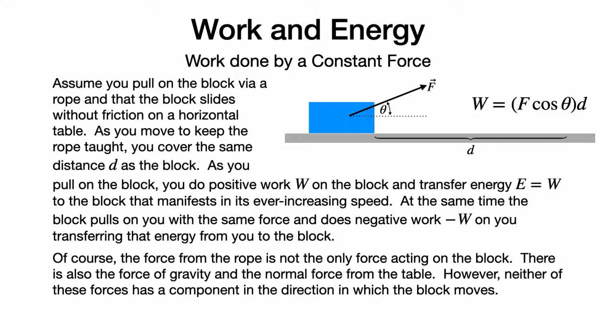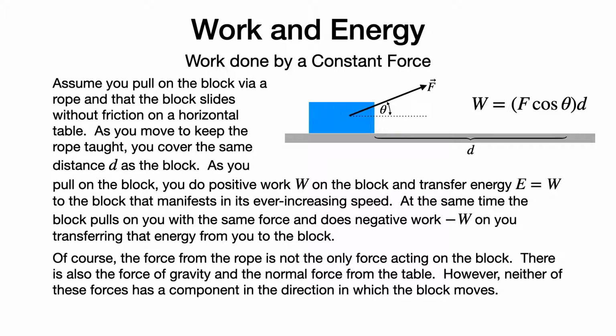As you move to keep the rope taut, you cover the same distance d as the block. As you pull on the block, you do positive work on the block and transfer energy E equal to that amount of work to the block that manifests in its ever-increasing speed. At the same time, the block pulls on you with the same force and does negative work on you, transferring that energy from you to the block.